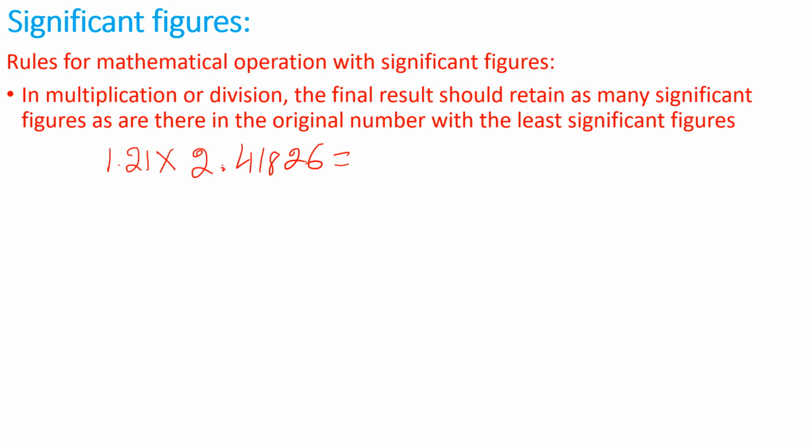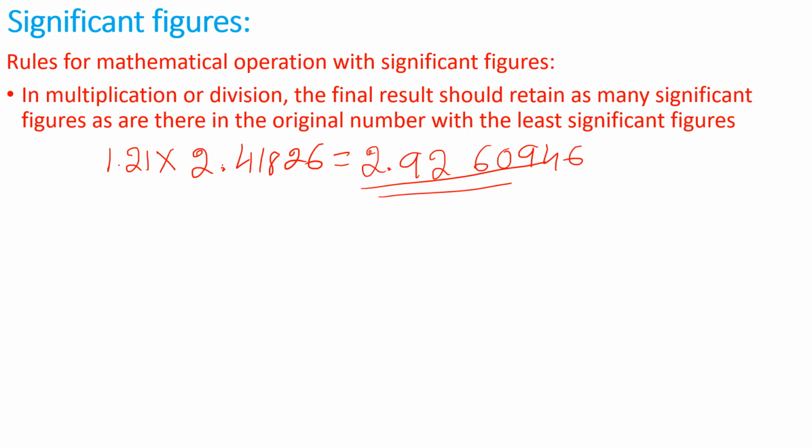If it is the case, then what is the answer for this? You will get the answer as 2.9260946. How many significant figures to retain in this given question is a problem. So in such a case, there is an ambiguity in choosing the number of significant figures.